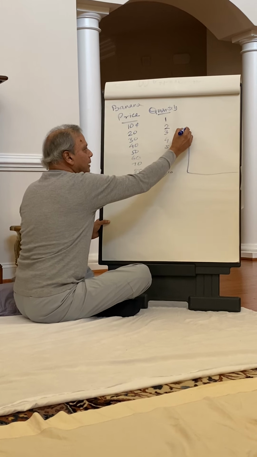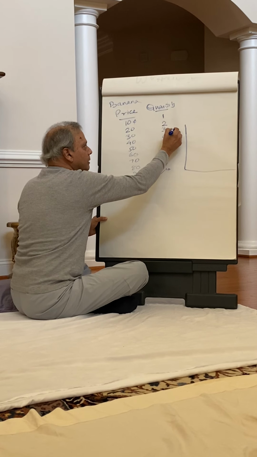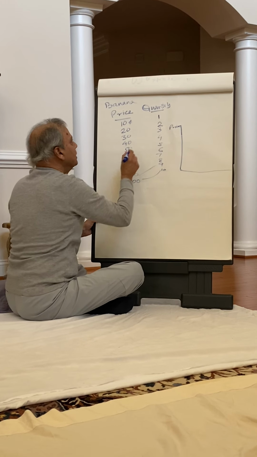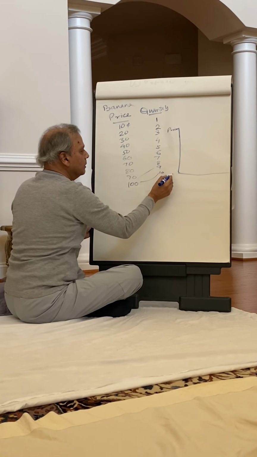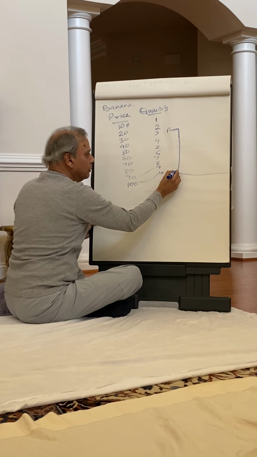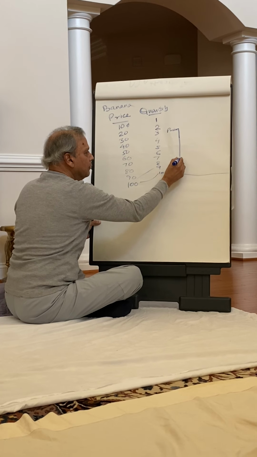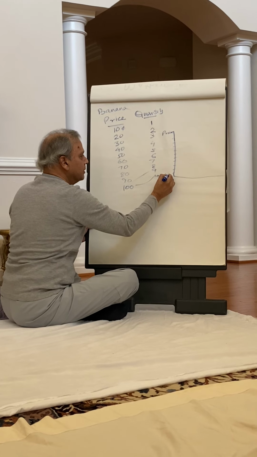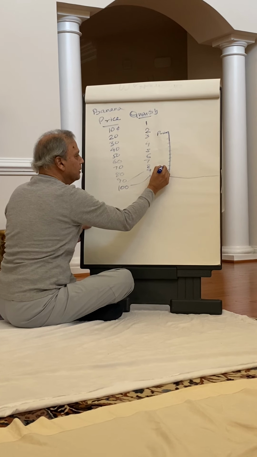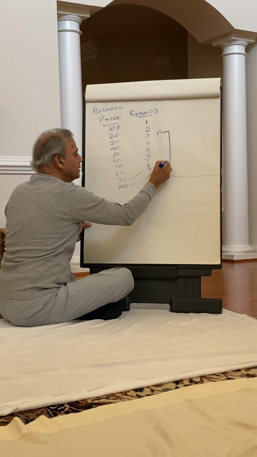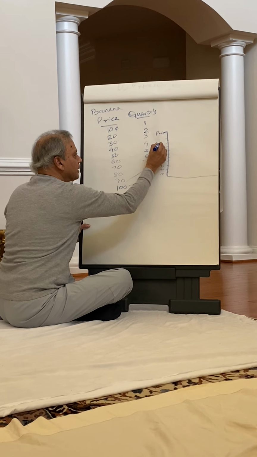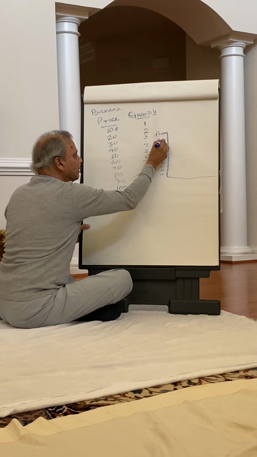Here, you will put price. So price starts from 0, then 10, 20, 30, 40, 50, 60, 70, 80, 90 and 100 cents, right?